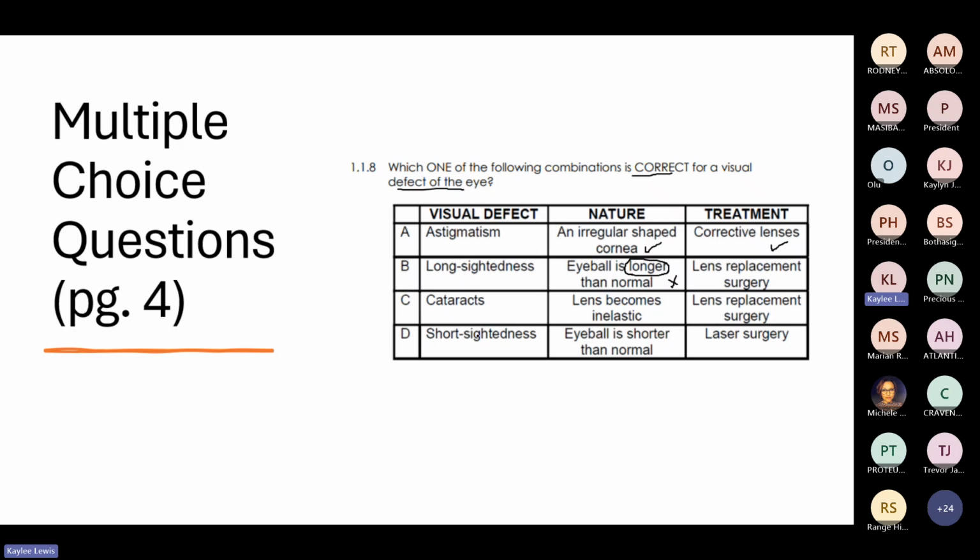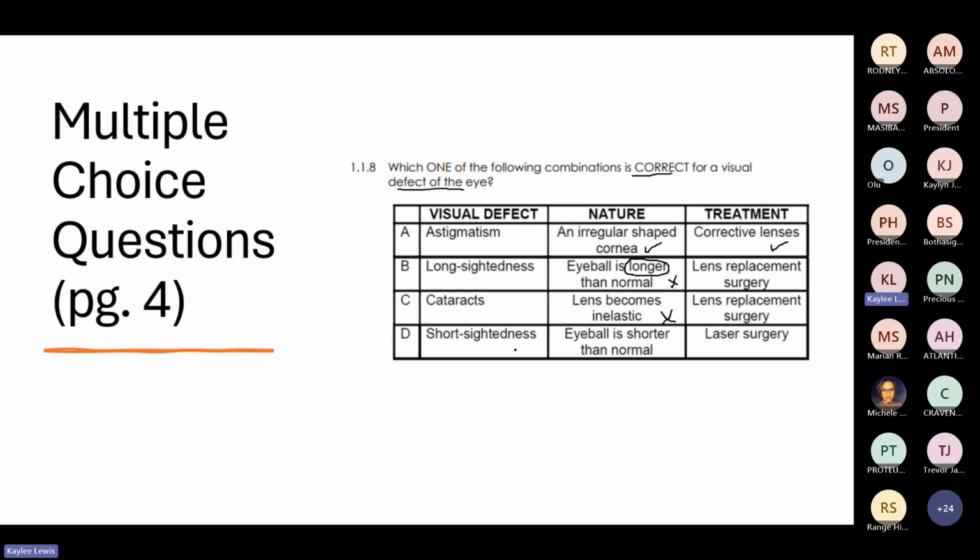Then we look at the next one, cataracts. So cataracts is when your eye, especially your cornea, becomes very cloudy. So not light can enter properly. So it's got nothing to do with the lens becoming inelastic. So that's not correct. And then short-sightedness, this is when the eyeball is shorter than normal.